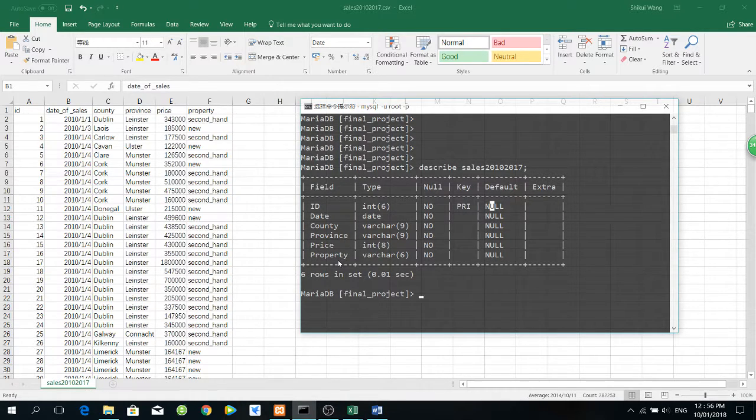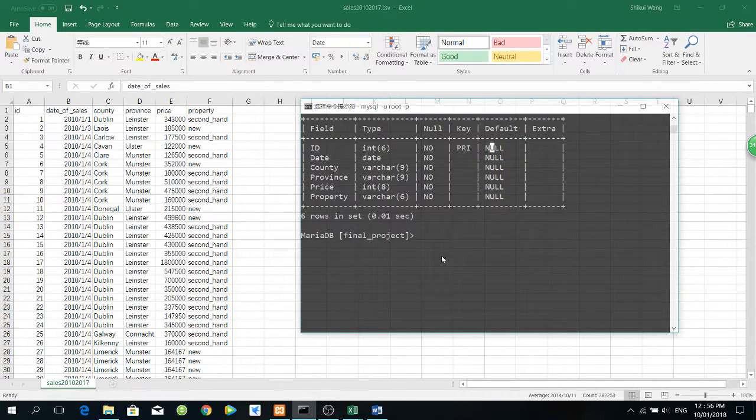That's for whether it's a new house or a second-hand house. The price, I use the type int8 because the price only has 8 bits, and the province, and yeah, that's all.